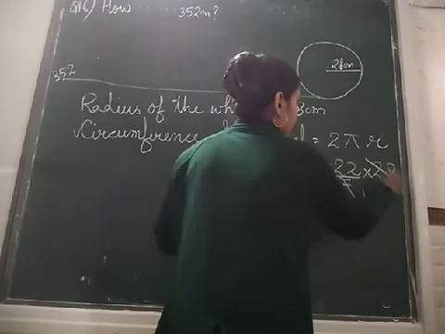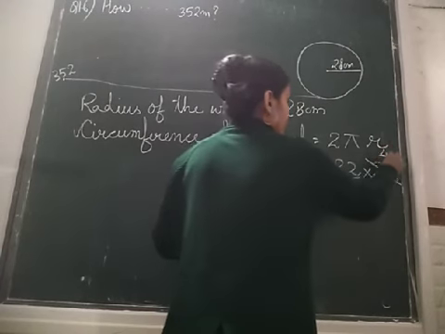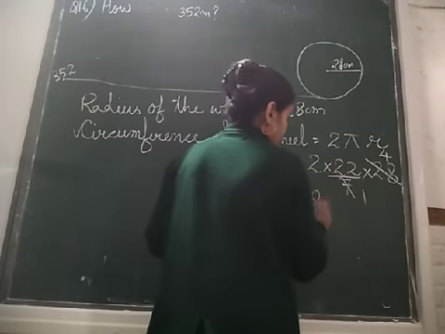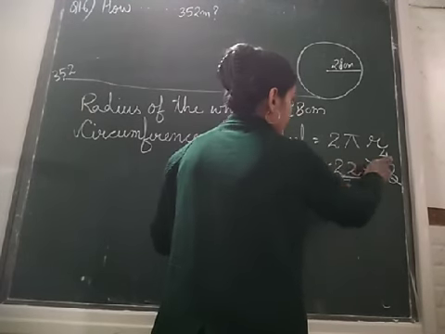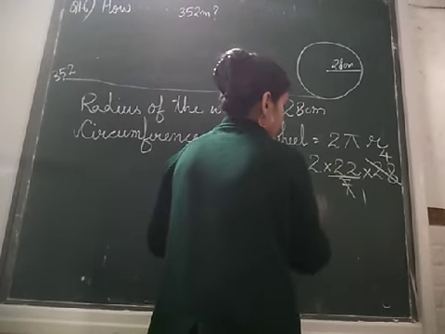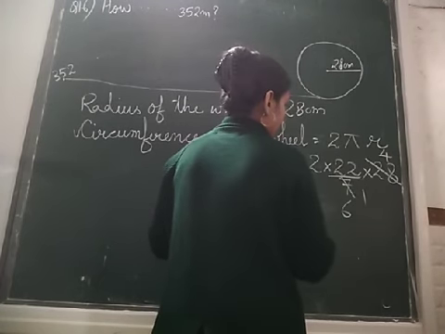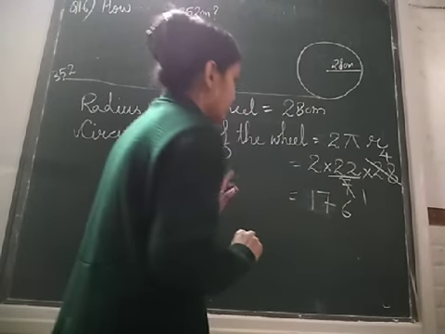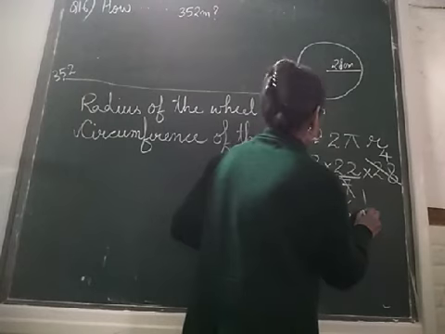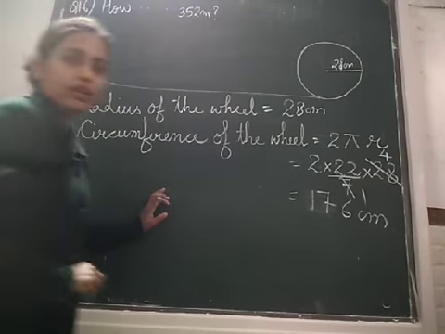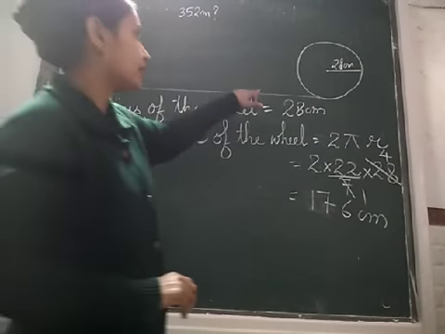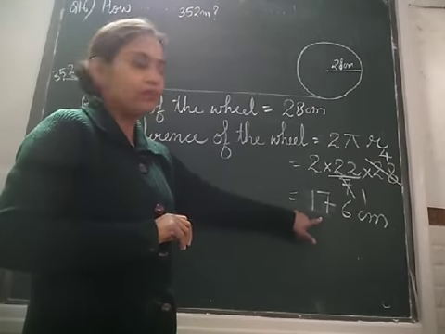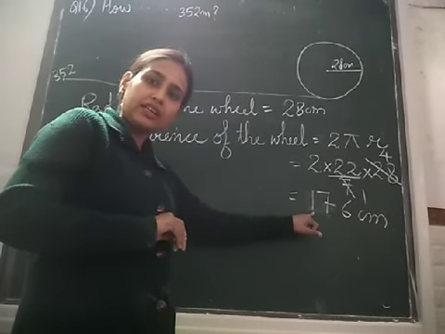Now 7 ones are 7 and 7 fours are 28. Then this becomes 44. 44 into 2 becomes 88. 88 into 2, 2 8s are 16, 176 centimeters. Okay, that means in one round it is covering 176 centimeters.